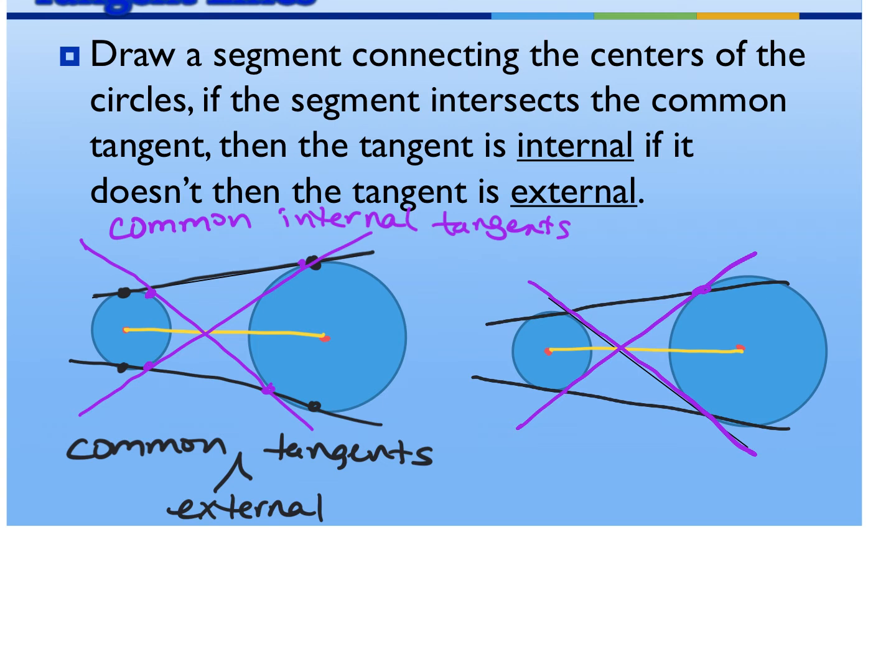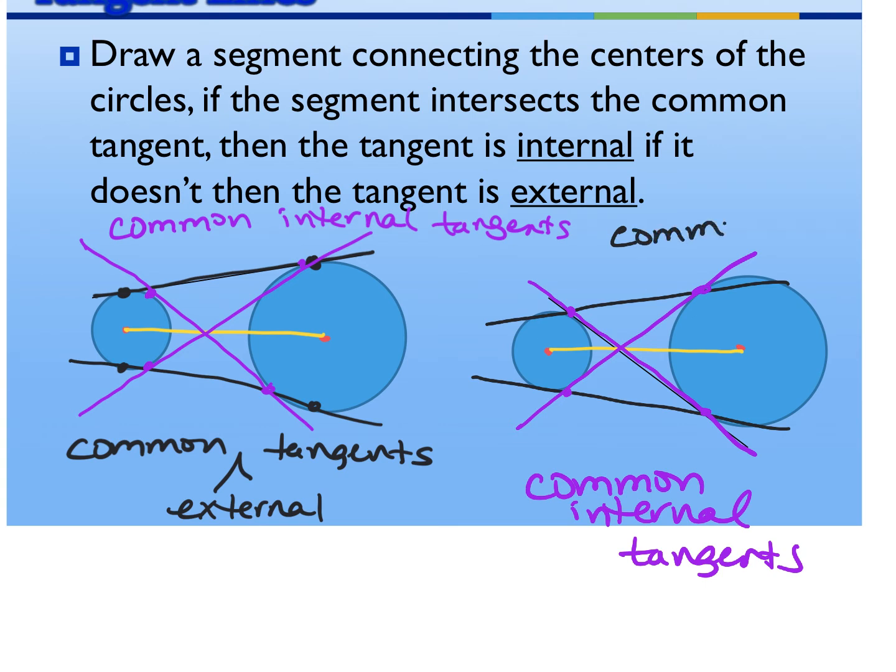Again, remember, a tangent touches the circle in just 1 point. So the purple, again, are the common internal tangents. And then the black lines are the common external tangent lines.